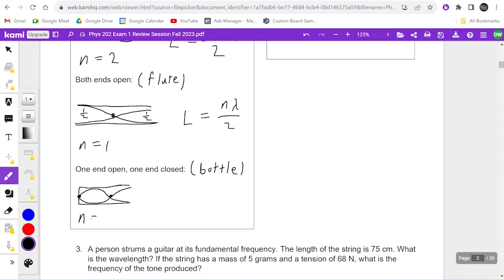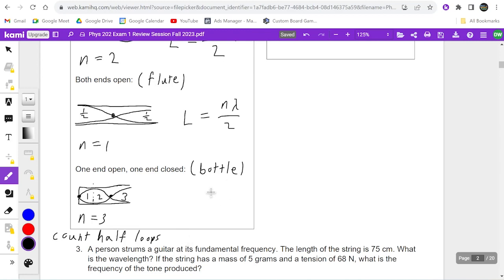This is the third harmonic, n equals 3. The reason why is because for the one end open, one end closed, you got to count the half loops. So in other words, if I cut this in half, that's 1/2 loop, there's 2 half loops, there's 3 half loops. That's why it's n equals 3.